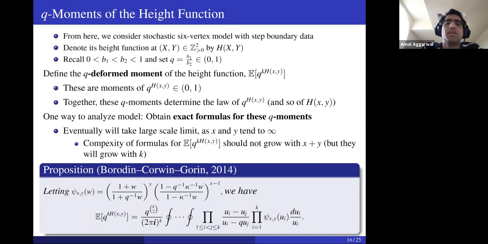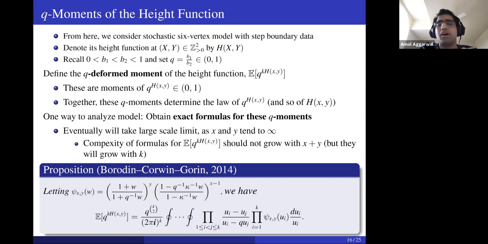So in particular, one way to analyze this model is to compute these moments and obtain exact formulas for these q-moments. And eventually, again, I'm not necessarily interested in what happens when x is 1 and y is 2. I want to know what happens when x is like 1 billion and y is like 2 billion. So I want x and y to be tending to infinity. So I want the complexity of these formulas to not grow too much with x plus y. They might grow with k. Even if I take moments of a random walk, those will get rather complicated as I take higher and higher moments.